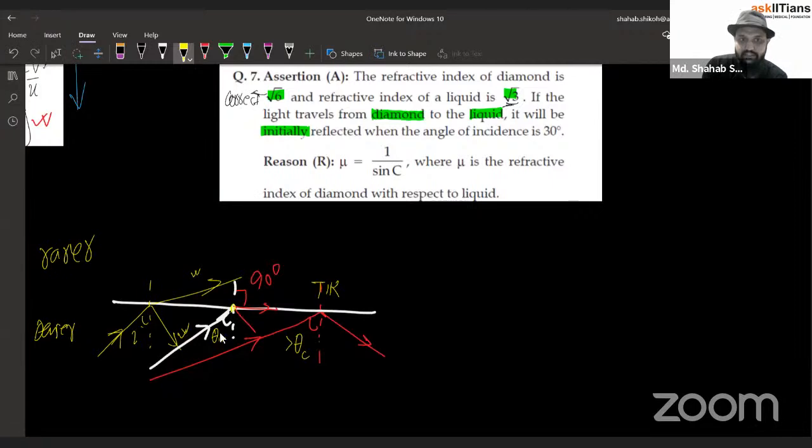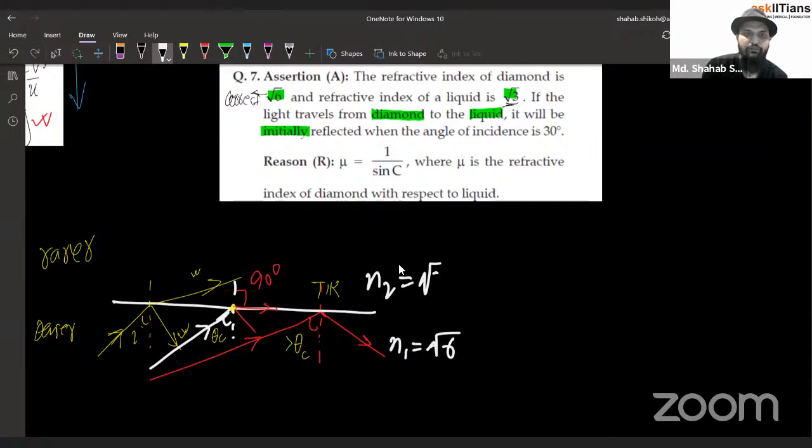If you want to find this critical angle, it's very easy. The formula is sin θc equals 1 by n, where n is basically the refractive index, and I should mention where the light is going from. Here n1 is equal to √6 and n2 is equal to √3.